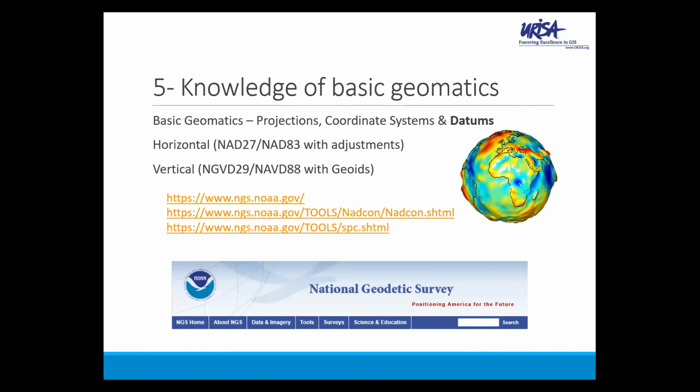Our vertical measurement, NAVD 88 with Geoid 12B, will soon, in 2020, be replaced by a new vertical datum that's going to be called GRAV-D of 2020. If you're interested, there's plenty of information out there on GRAV-D 2020 on the NGS NOAA website.